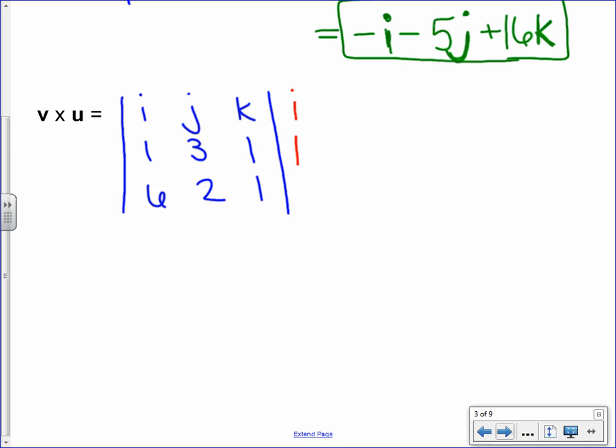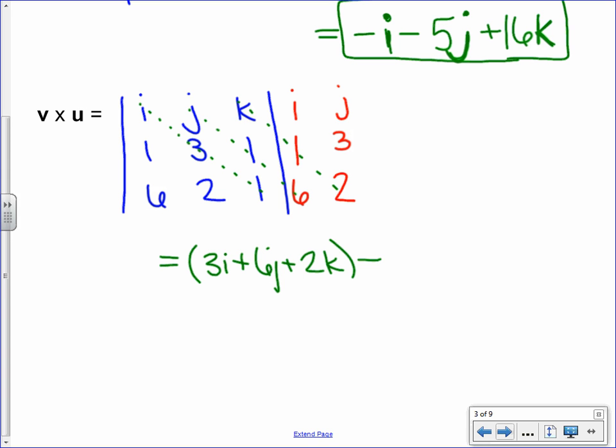Copy and paste the two columns. Now what? Okay, so our cross. So here is 3i plus 6j plus 2k minus... plus 2i plus j.